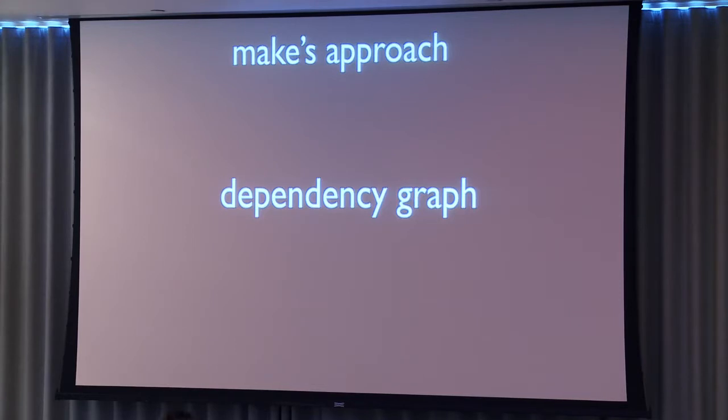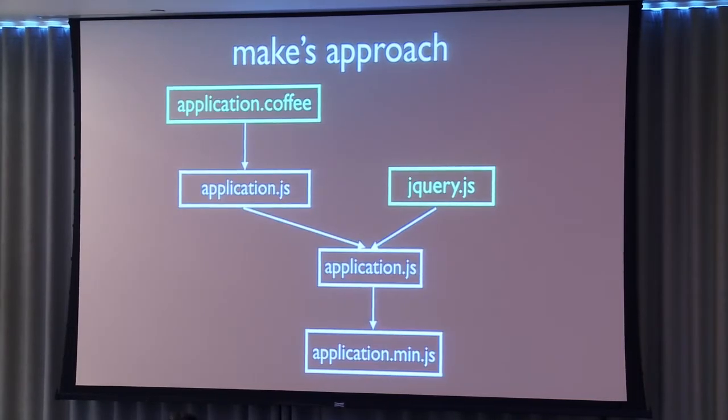And Make's approach is making a dependency graph. To show you what a graph like this looks like, let's say we have an output file application.min.js. Let's read this from the bottom. We know that we need to rebuild application.min.js whenever the intermediate application.js file changes.